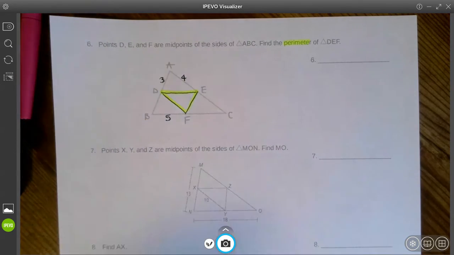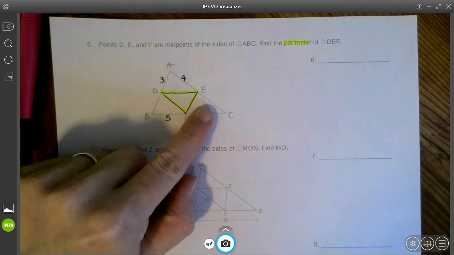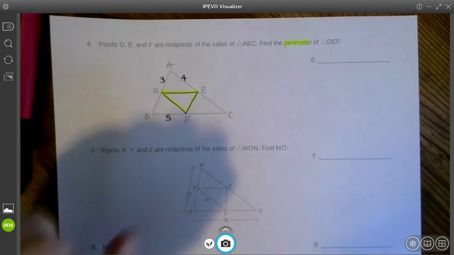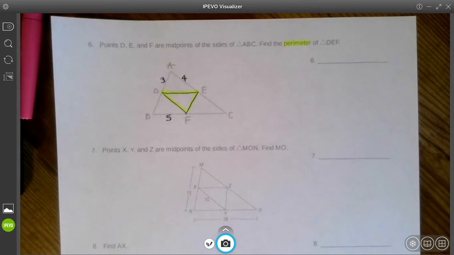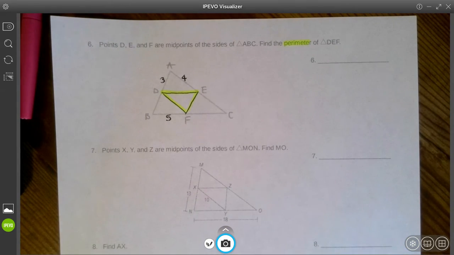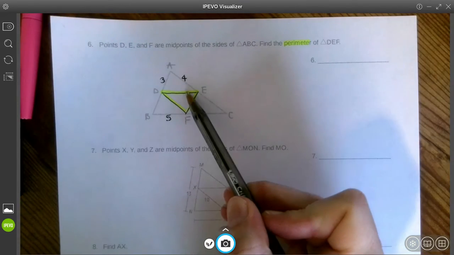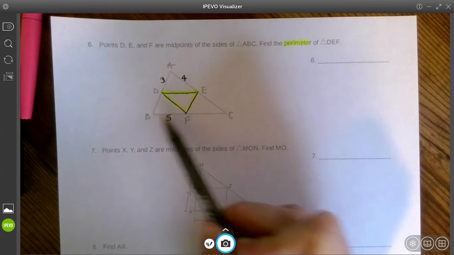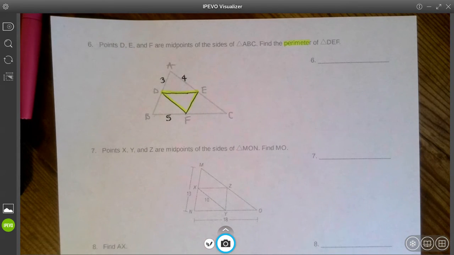And what that helps us with is that DE, EF, and DF are all mid-segments. And so we can use what we know about mid-segments to find those lengths. Remember, mid-segments are half the length of the side of the triangle they are parallel to.